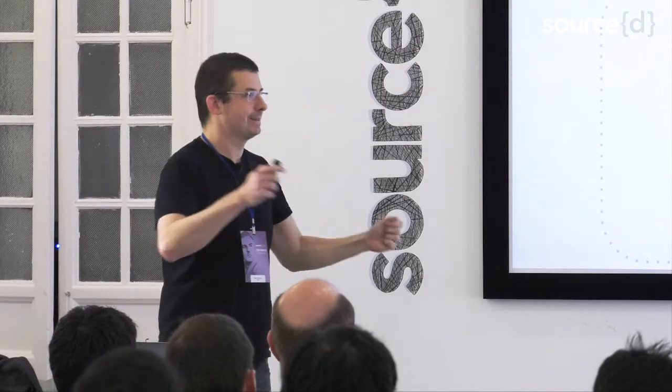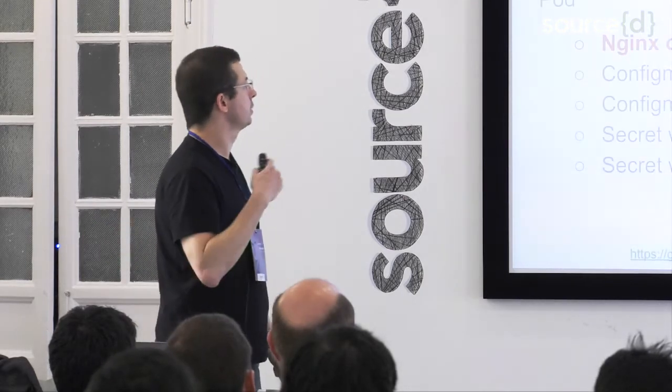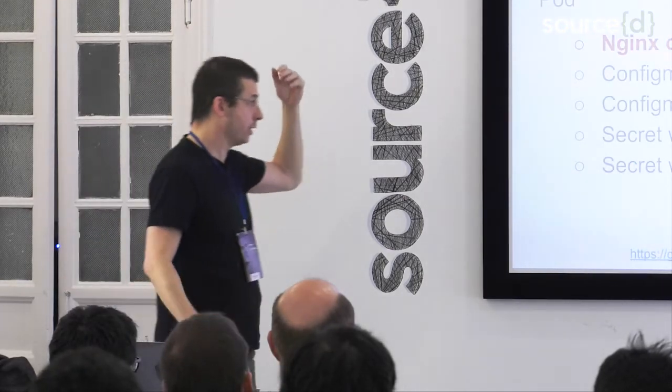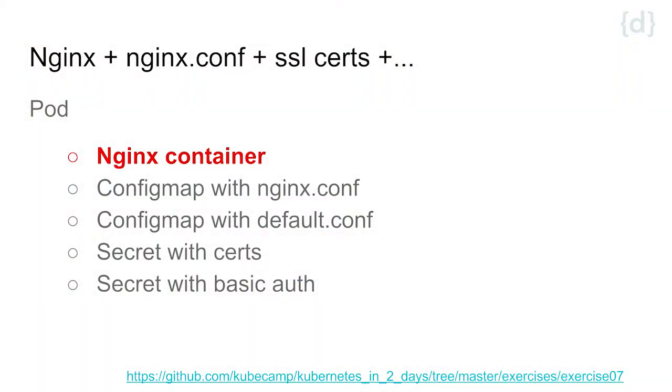And that's what changes. Because with the pod, we have one container that is my Nginx container, and then we have a config map, which is a Kubernetes resource that allows us to define a set of properties and add them to the container as a volume, or as a file. We can have one for the nginx.conf, another one for the default.